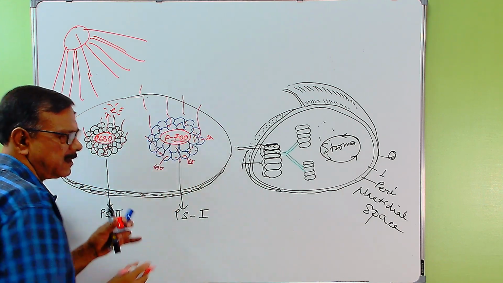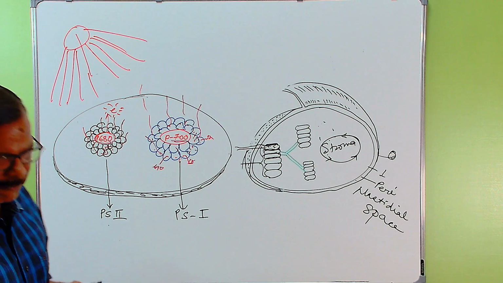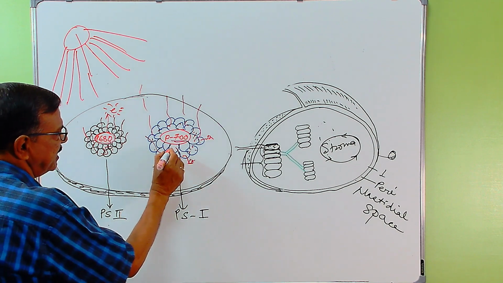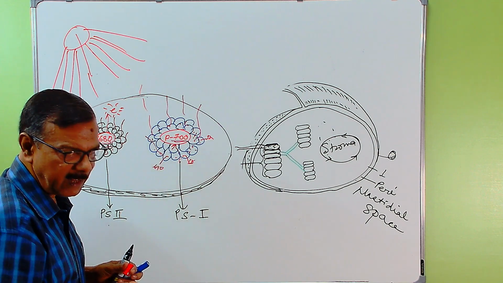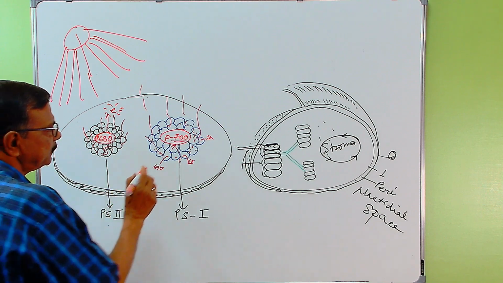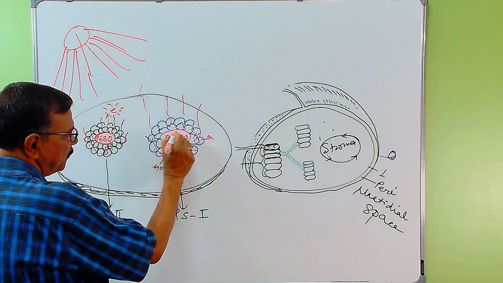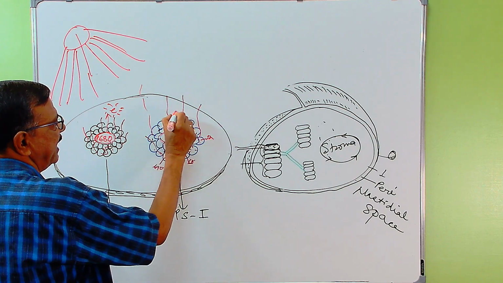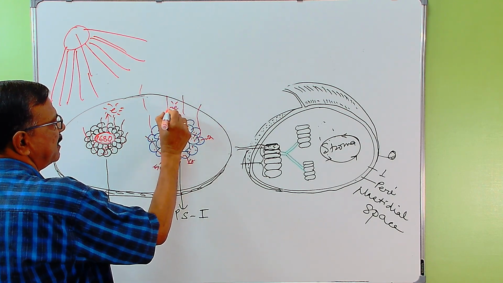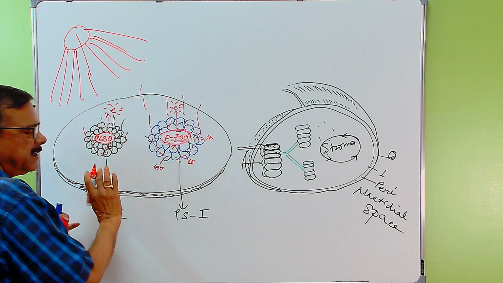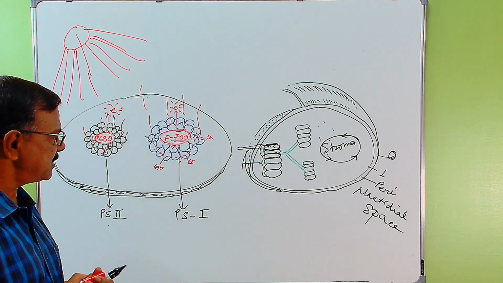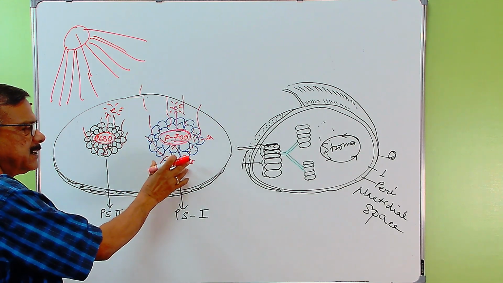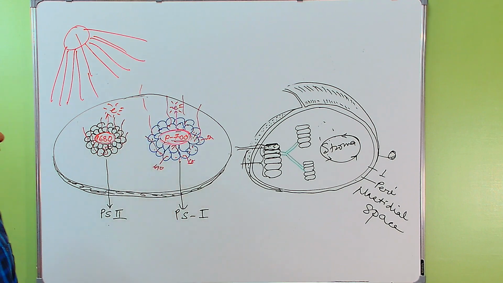They pass on that energy, I mean photon, to the main reaction center or photocenter, P700. P700 is the main reaction center. It ejects an electron, and its electron is excited. These are photosystem 1 and photosystem 2, the reaction centers or light harvesting centers.